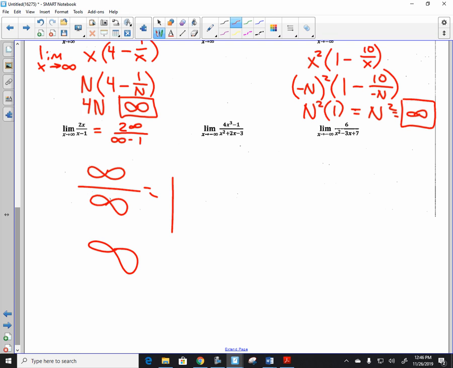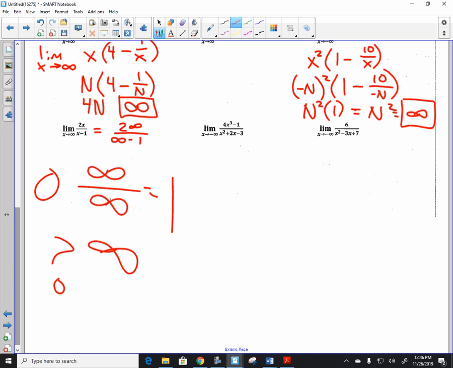Or infinity. Or 0. Or what the heck do you get? Folks, the word calculus comes from the ability to calculate the infinite and the infinitesimal, the infinitely large and the infinitely small.